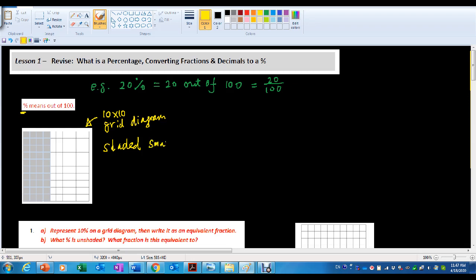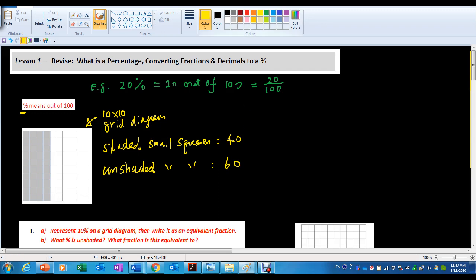There are 1 column, 2 columns, 3 columns, 4 columns. So there are 4 columns, so there are 40. How about the unshaded small squares? That would be 60. So the sum of them must be 100.